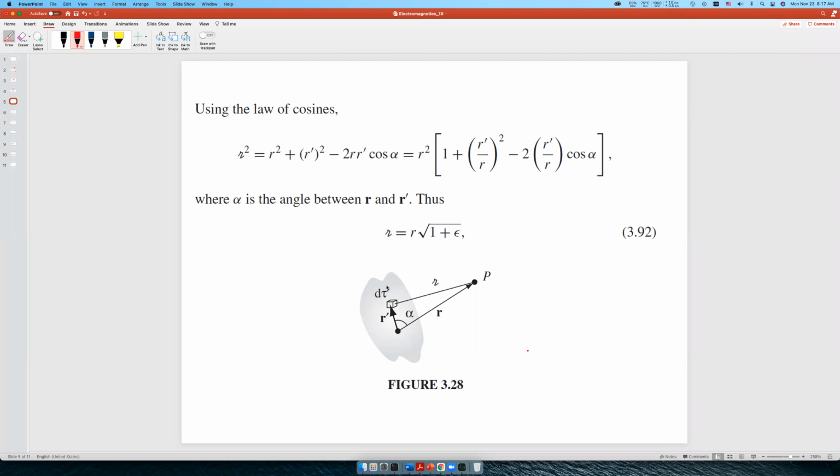So here is a distribution of, let's say, a volume charge distribution. The distance between, let's say, d tau and P is defined as R. The origin to P is R, and the origin to d tau is R prime, and the angle is alpha shown here.